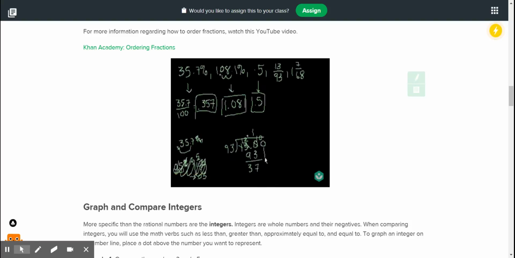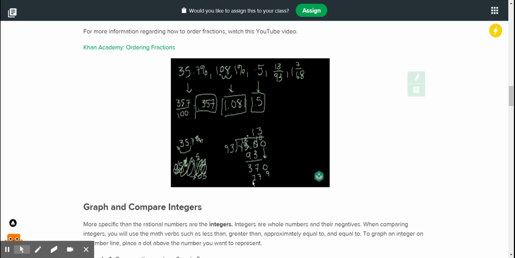Bring down a 0. So 93 goes into 370. 4 times 93 would be 372, so it actually goes into it only 3 times. 3 times 3 is 9, 3 times 9 is 27.